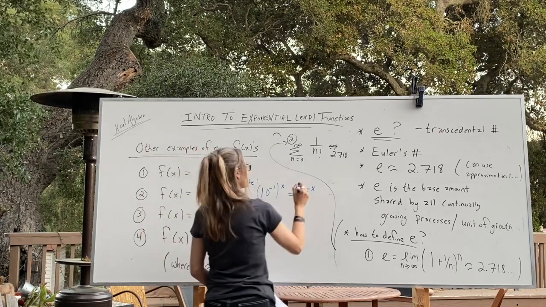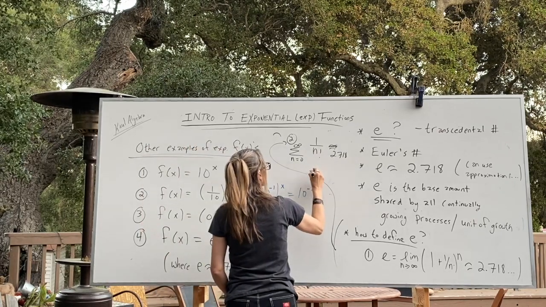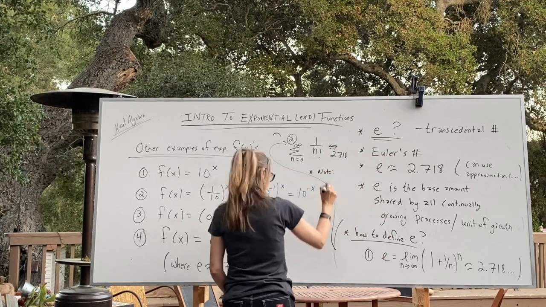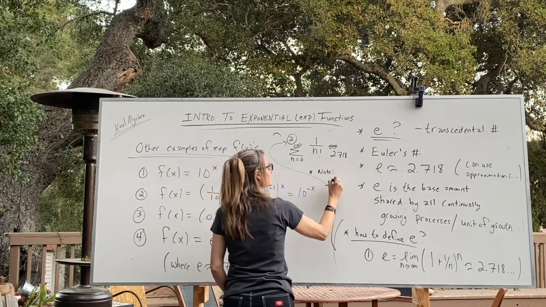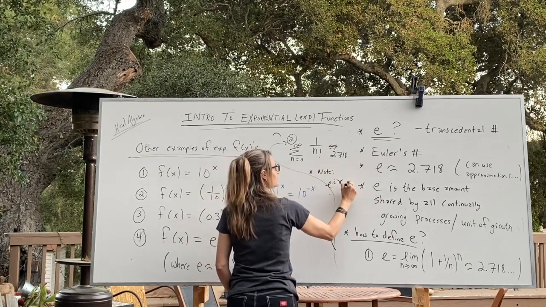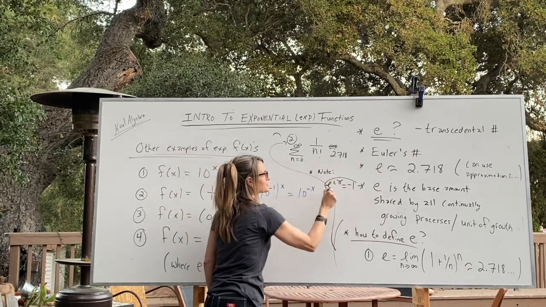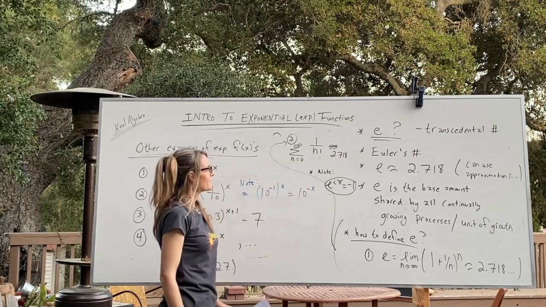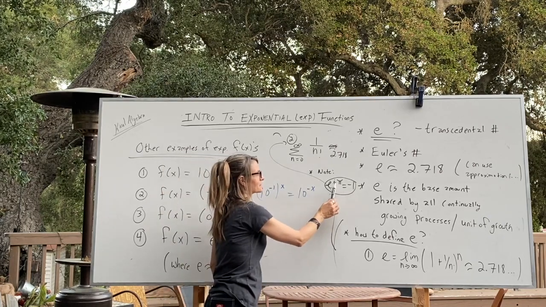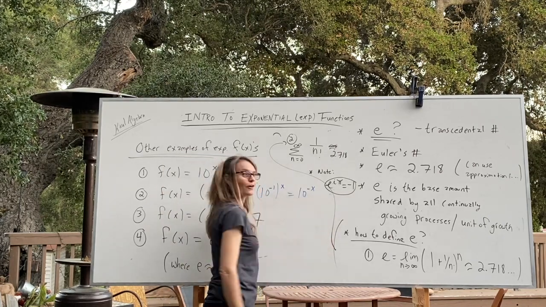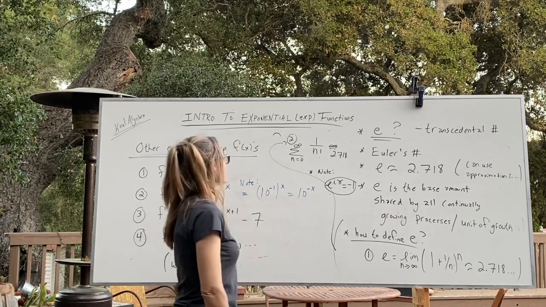And here's another nice little relationship related to complex numbers. e to the i pi equals -1. So this is a very interesting relationship between e, your complex number i, pi, and all of that equals -1. Okay?